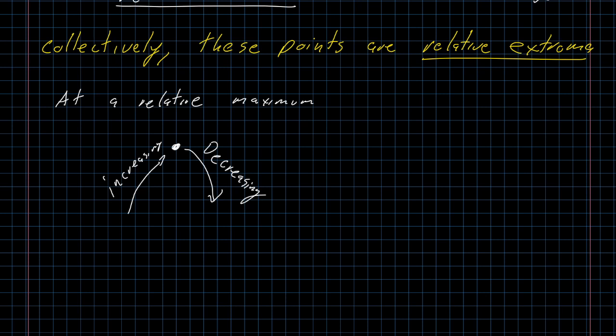That takes us to the heart of it, though. If a function is increasing, then its derivative has to be positive. If a function is decreasing, then its derivative has to be negative.